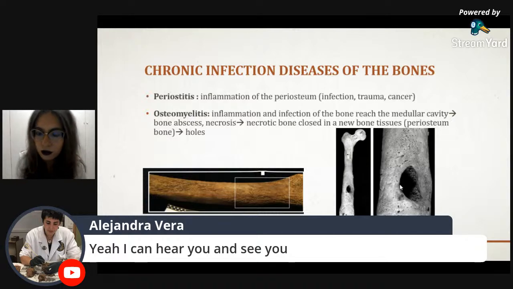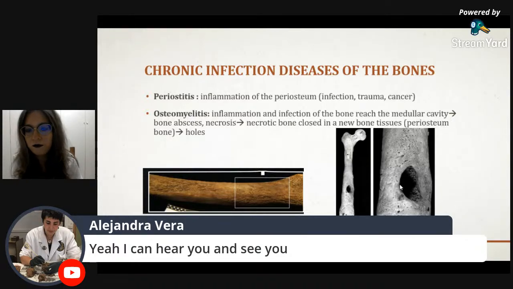That perforation is because the infection had created some materials that need to be put out of the body, and so it could result in an abscess. But also the osteomyelitis could make the bone die, or a part of the bone die, and the death of the bone is called necrosis.